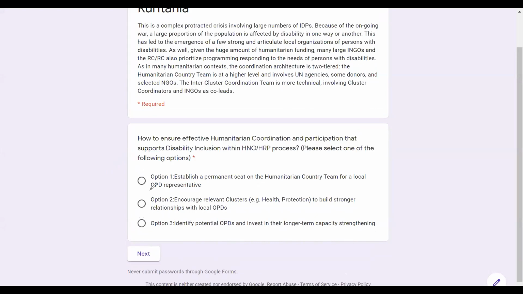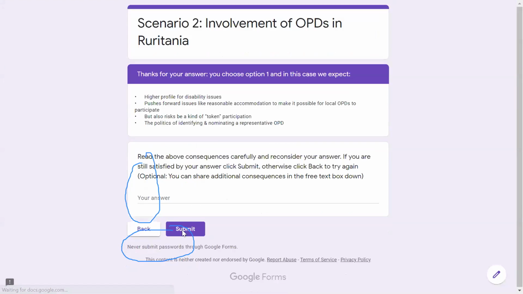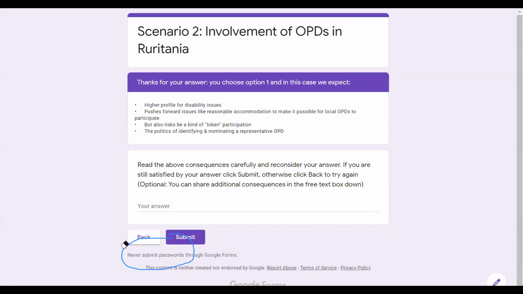Again, you select one of those, you click next, as Ahmed is showing us, and you will see that there are consequences, some options, some bullet points on the top side.